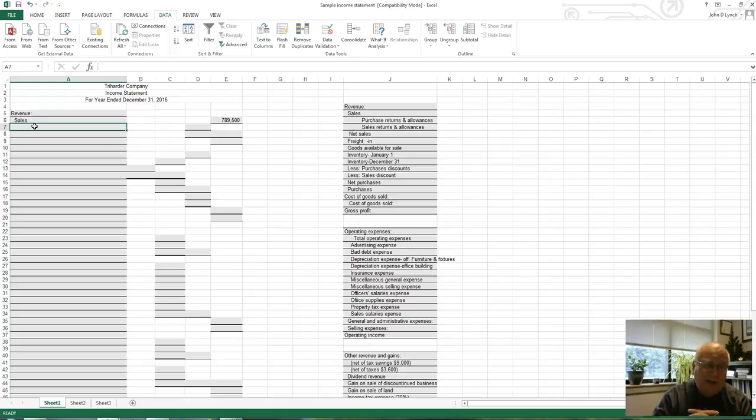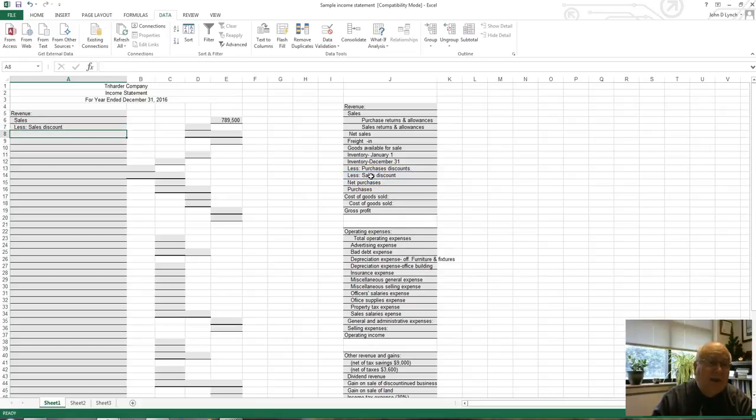You can break it down as fine as you want to, even by sizes. However, keep in mind, the farther you break it down, the more it's going to cost to gather that information. So you really find out, is the breakdown worth the extra cost? If it is, then you break it down. If it isn't, just leave it as sales.